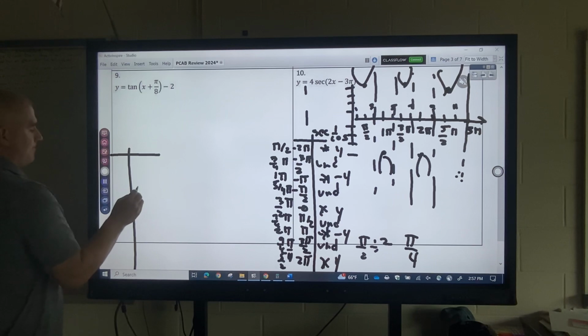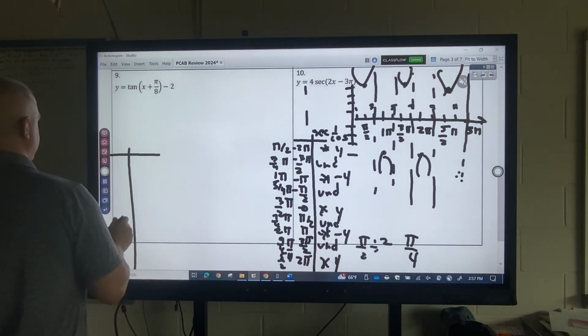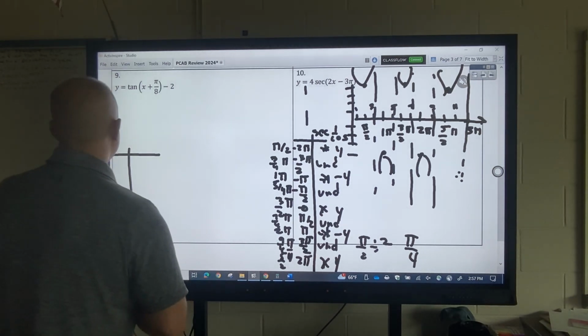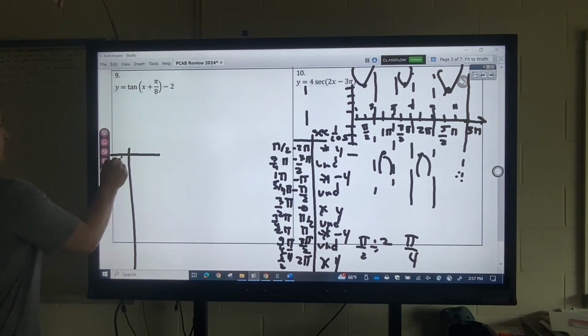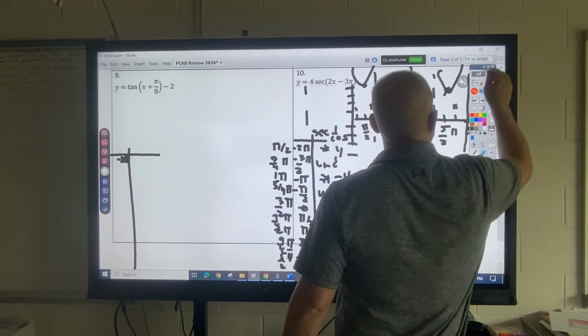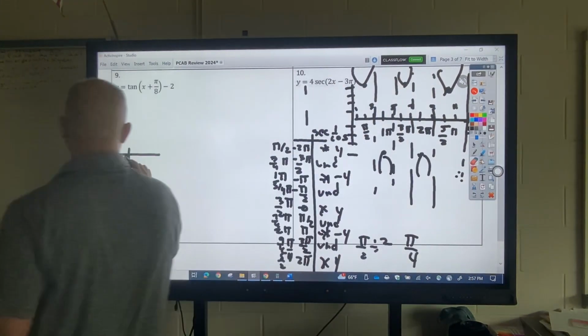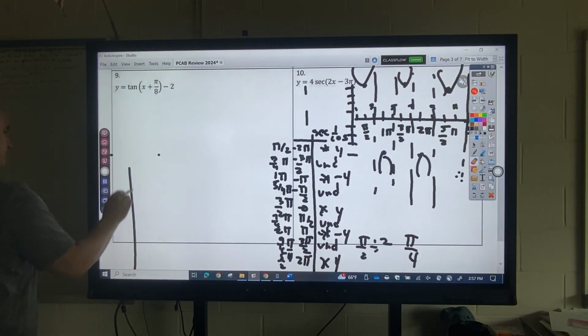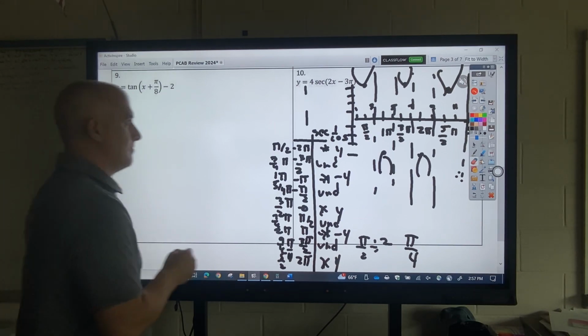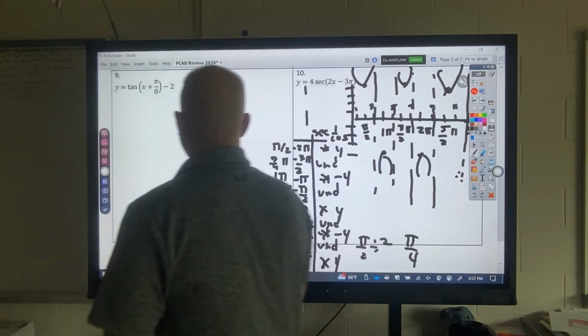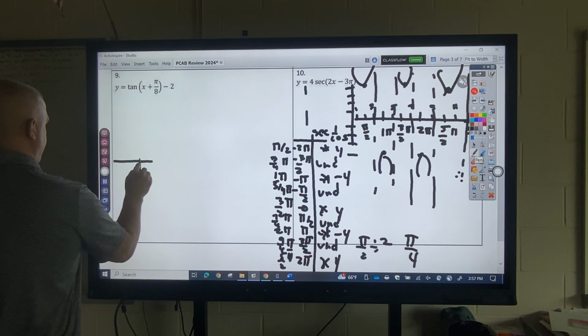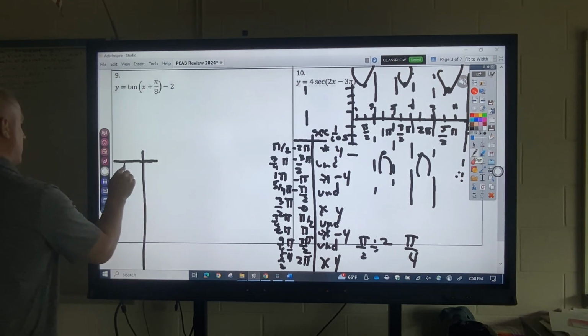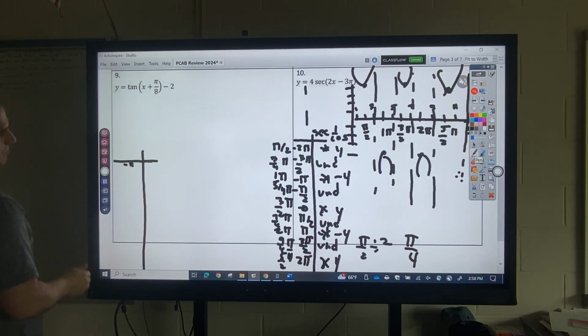Okay, so I got... I've run out of room already. Okay, so I got -2 pi. That's already sloppy. Not -2 pi.